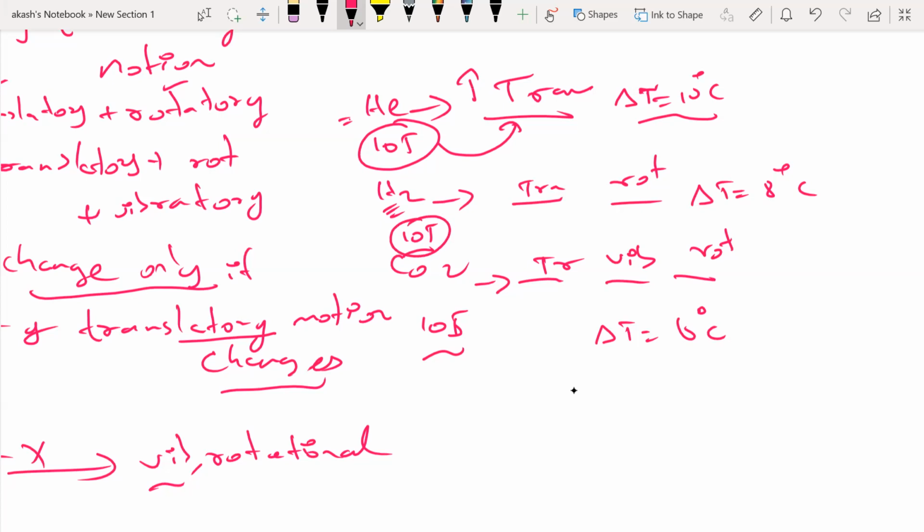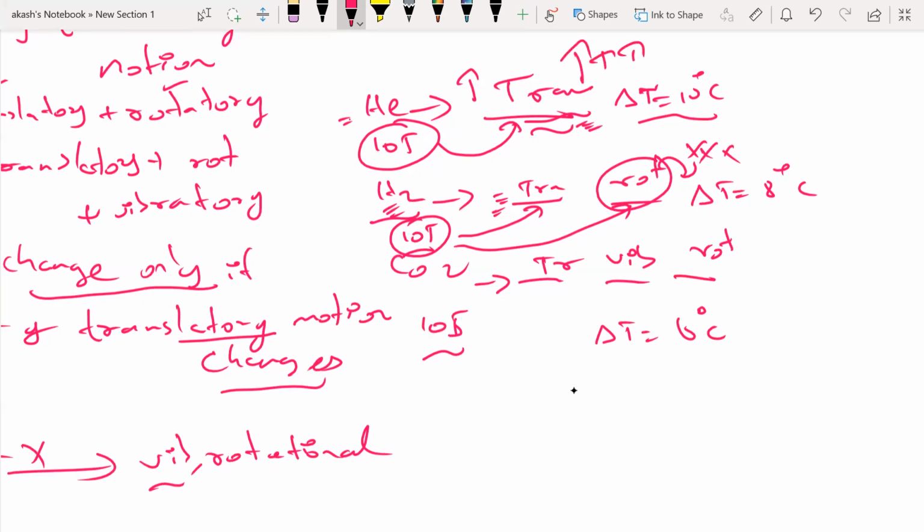Now, when I go for hydrogen, 10 joules of energy is given, some amount of it will be used for increasing the translation energy, and some amount will be used for increasing the rotational energy. But this rotational energy and temperature have no relationship. If you check how much the translatory motion increases here and how much it increases there, here it is a very, very high value.